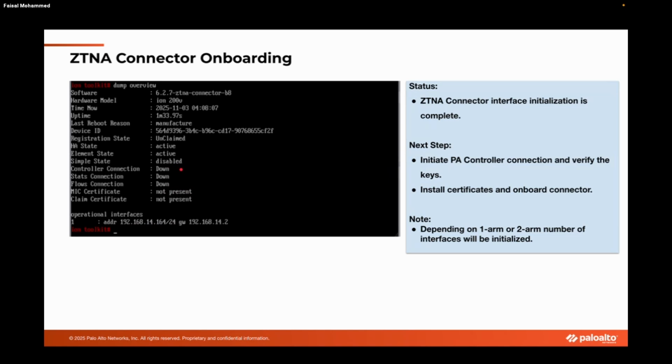So now we are moving from the interface initialization to the PA controller connectivity for verifying our tokens, which identify us within the Prisma Access, which tenant we need to connect to, and then receiving the respective certificates, and then orchestration of the ZTNA connector, which involves configuring the tunnels.